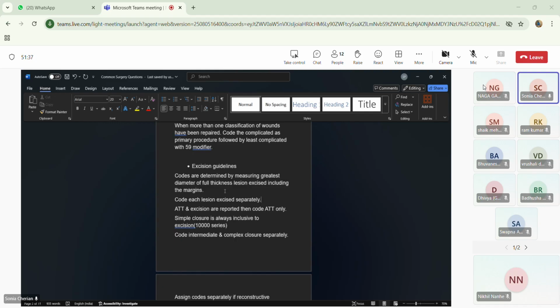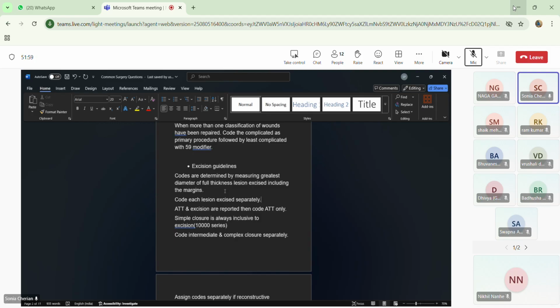You cannot code the excision. This is another guideline. For example, they have excised the lesion, and now to cover the defect caused by the excision, they will do an adjacent tissue transfer. In that case, you will only report the adjacent tissue transfer.